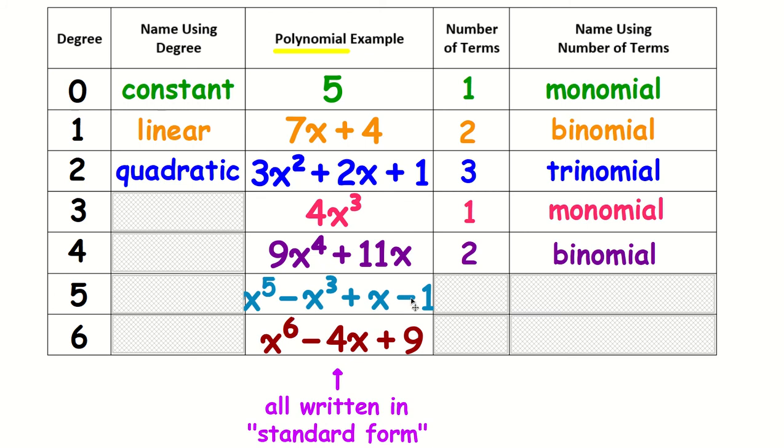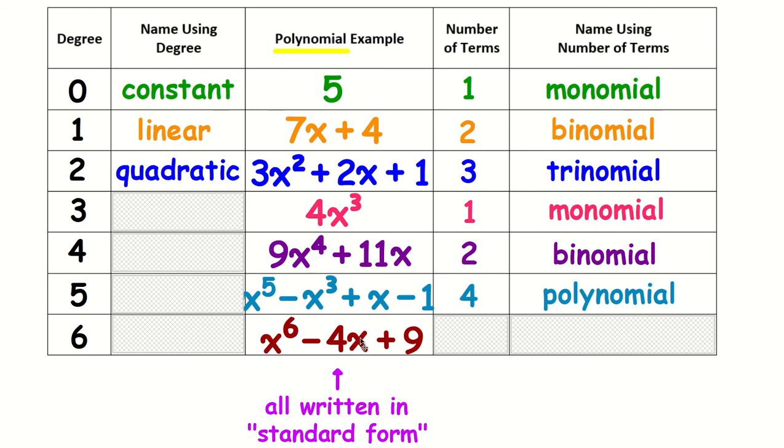That's right, there's 4. So what do we call that? Well, there's not actually a fancy name, so we just have to use polynomial. And if there were 5 terms, it's just a polynomial. Just like all of these are technically polynomials, but we can get a little more specific when there's only 1, 2, or 3 terms.